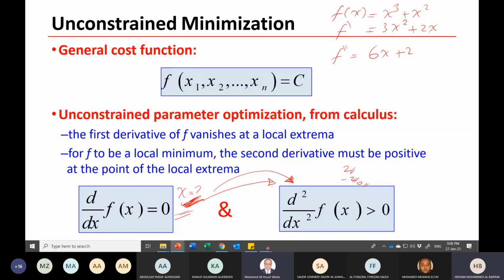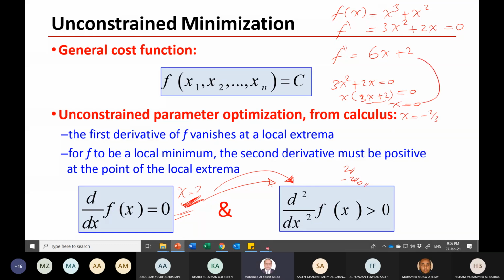Yes. Here we need to find the optimal point, so you equate the first derivative with 0. If you solve 3x squared plus 2x equal to 0, we have x(3x plus 2) equal to 0, so either x equal to 0 or x equal to minus 2 over 3.